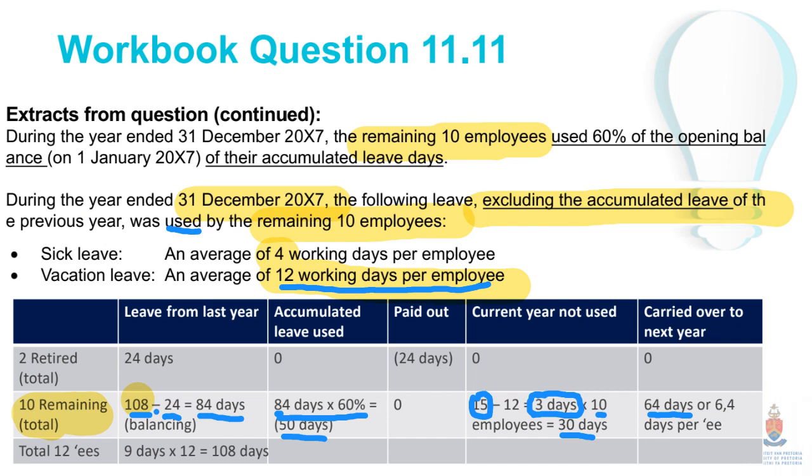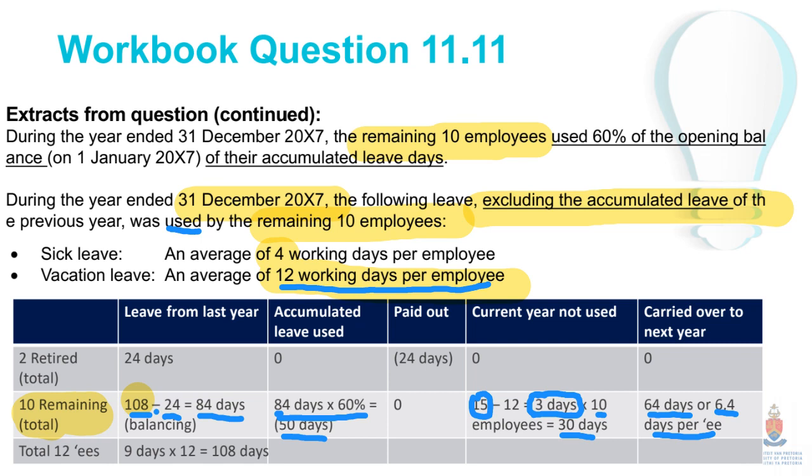Remember, 6.4 days per employee. So we took the 64 and divided it by 10. Why 10? Because there's 10 employees. Divided by 10 employees, these are 6.4 days.